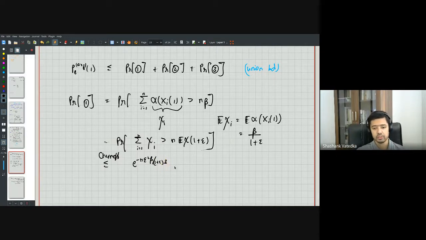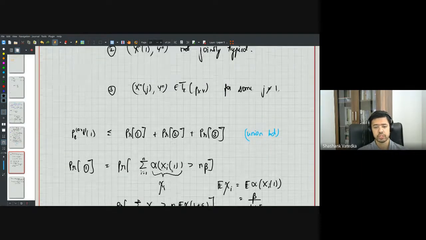Irrespective of what epsilon is, and as long as beta is strictly positive, this quantity is exponentially decaying in n. So that is fine, and the first event is okay.